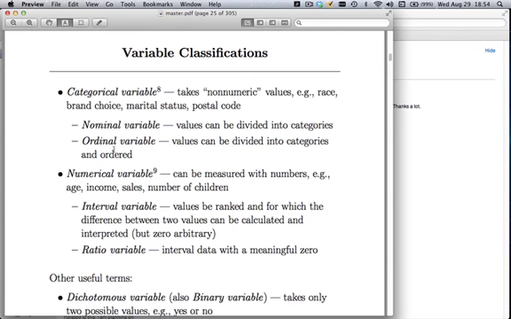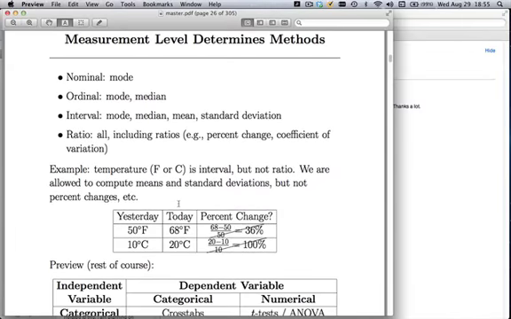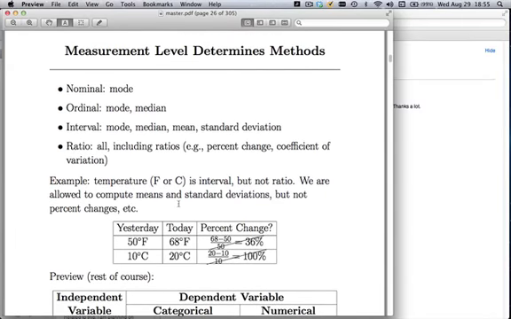There's nothing there. All right, so 0 kids means I don't have any kids. 0 profit means that my profits are 0. Let me give you a real quick example of this to make this real clear. The classic example of a scale that is interval but not ratio is temperature, especially measured in degrees Fahrenheit or degrees Celsius.